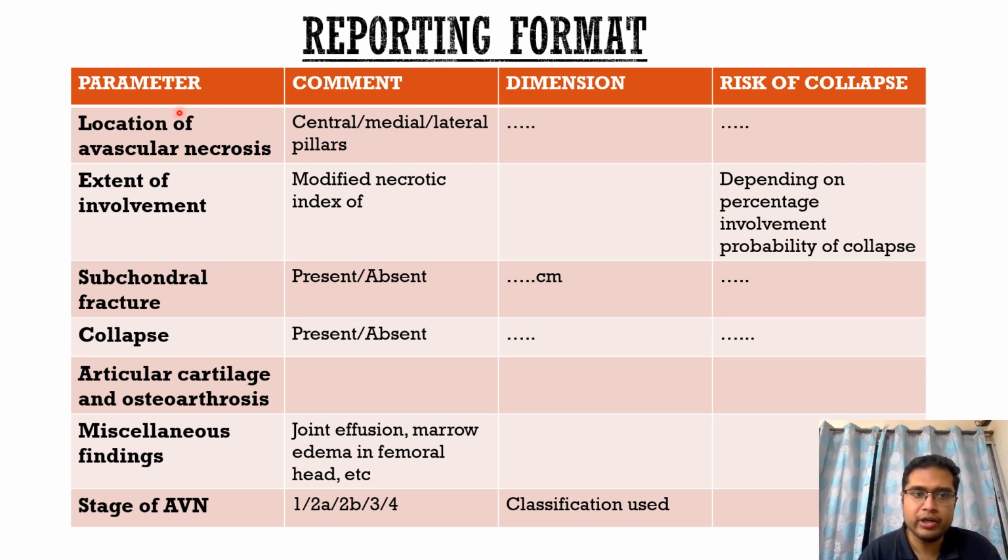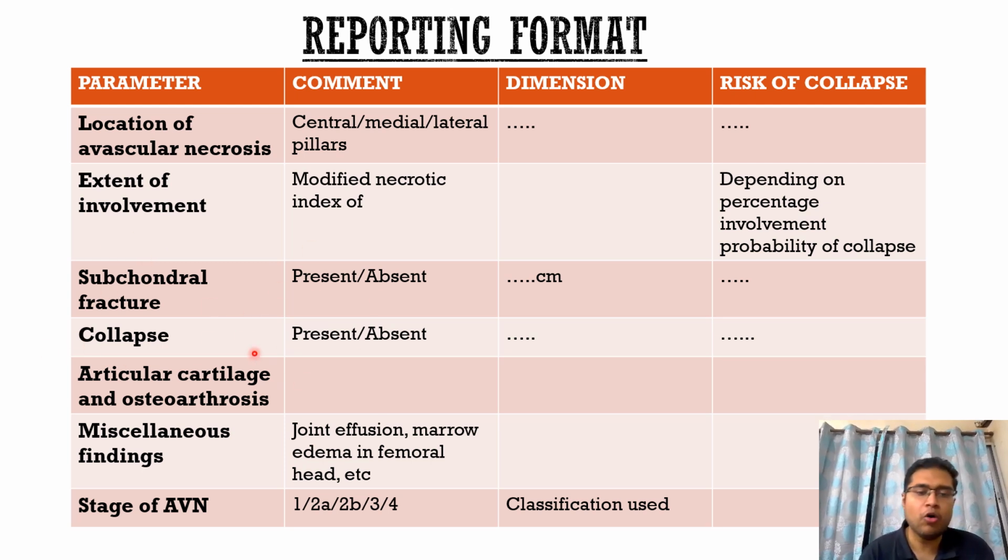And this is a very important parameter, that location of the avascular necrosis as to which pillar is involved. Extent of involvement, which is given by modified necrotic index or Kerboul angle, which determines the risk of collapse of that particular head of the femur. Then the two very important parameters are subchondral fracture and collapse, whether they are present or absent.